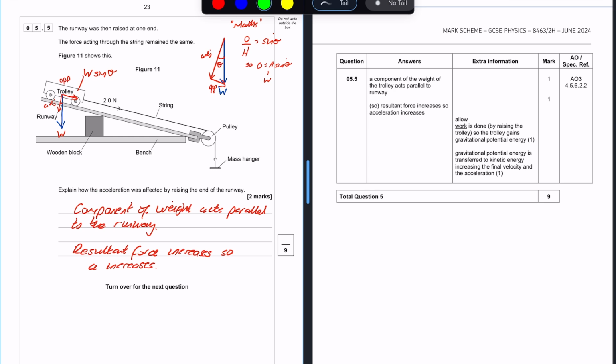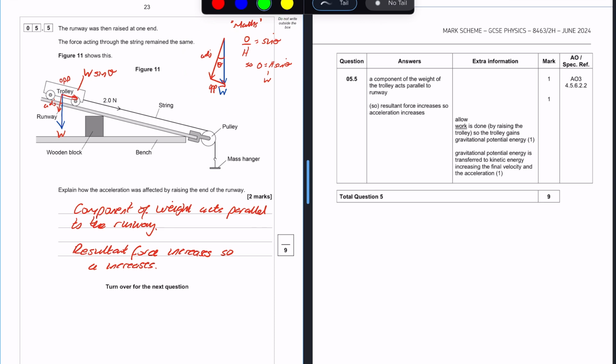Okay, so basically, if you raise the end of the runway, there's going to be a greater gravitational effect on this trolley now because it's going to have a component of that weight going down the trolley. So what I've done here is I've done the maths of that.